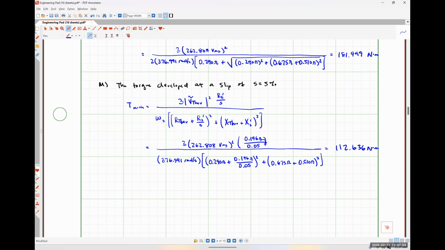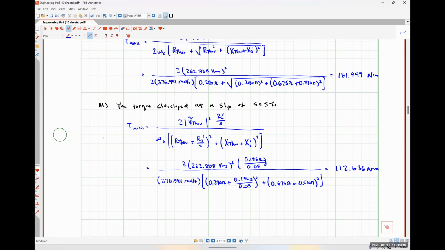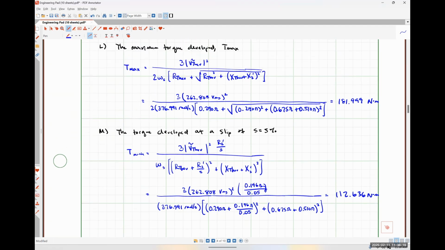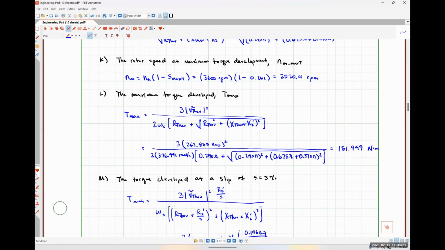So I have a thought on a question that I would like to ask you on your take-home portion of this exam. But I'm trying to decide whether or not you would be furious, so I'm just going to ask you flat out. Something that's interesting: at a slip of 5%, our torque was 112.636. At a slip of 16%, our torque was 181.999 newton meters.